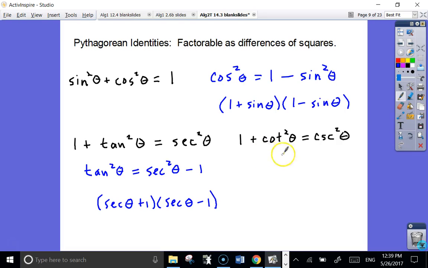And again, I could do the same thing over here: subtract 1, and I would have cotangent squared equals cosecant squared minus 1. So whenever you start to see all these, sine squared, cosine squared, tan squared, this is where you go to see whether there's something you could do to substitute and simplify.